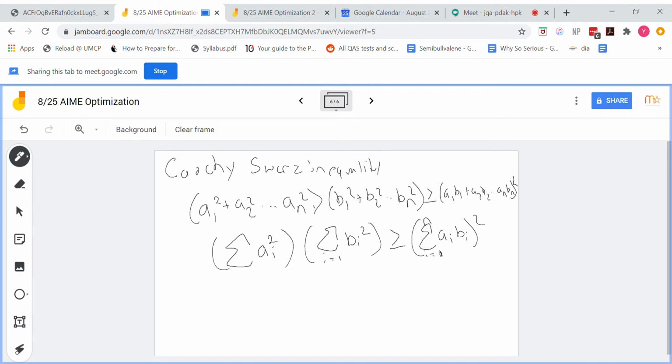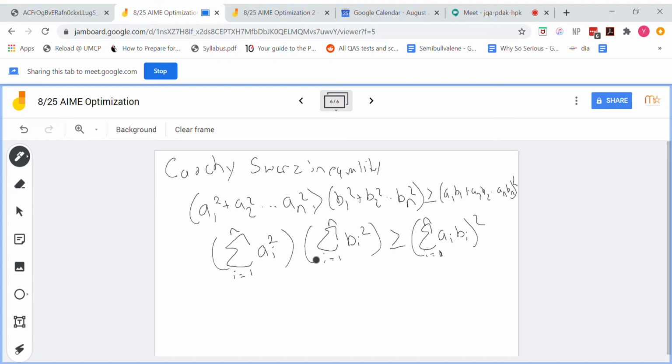So this is the general statement of the Cauchy-Schwarz inequality. Now this looks pretty complex, but first let's look at how we can prove it, and then let's look at a couple more special cases involved.